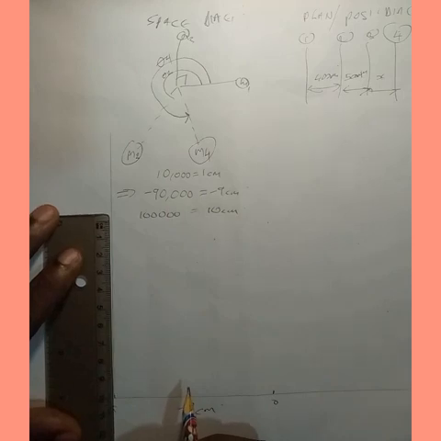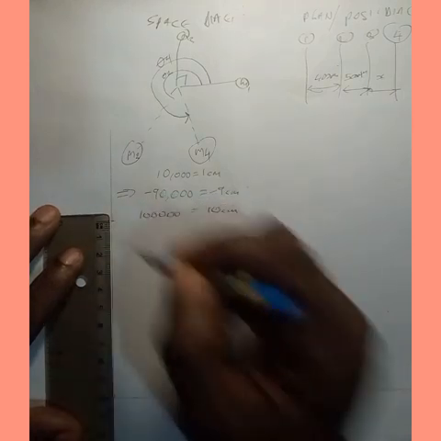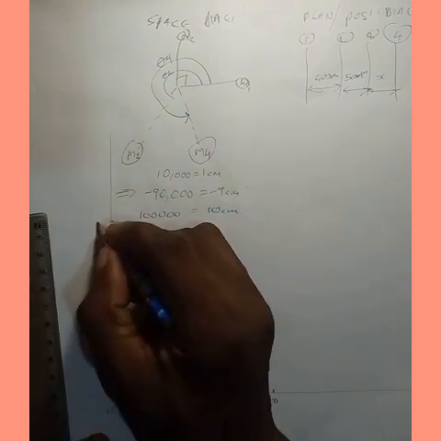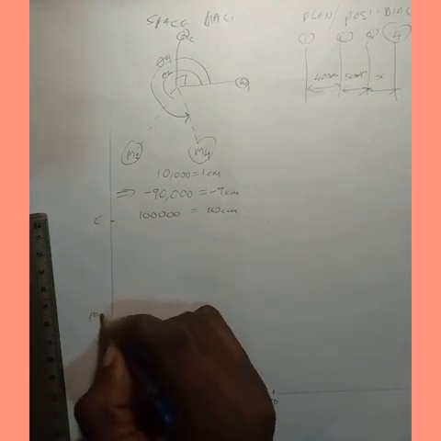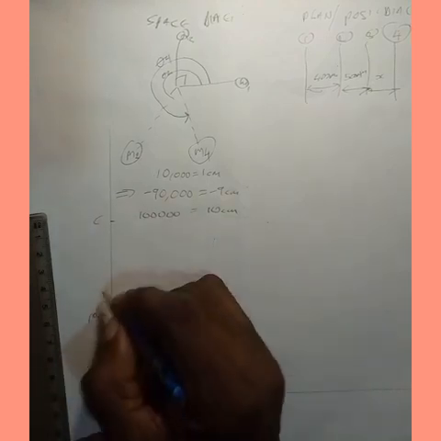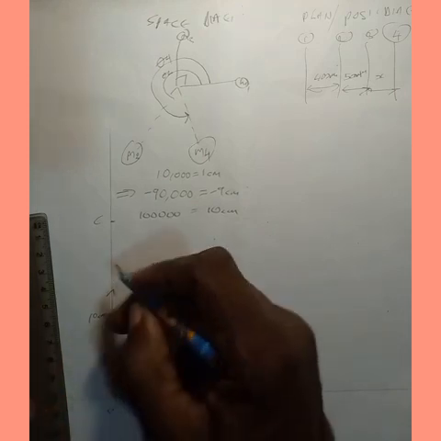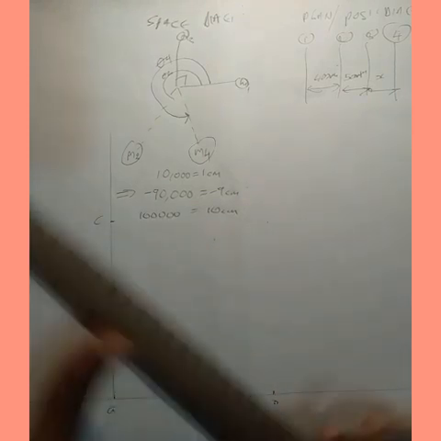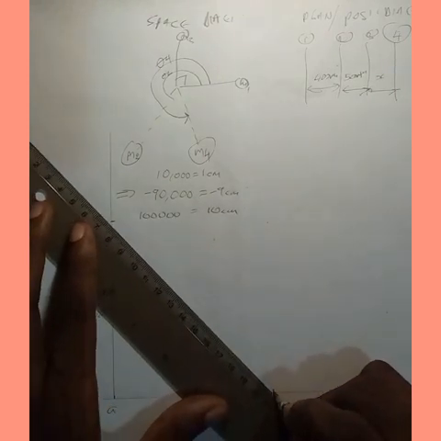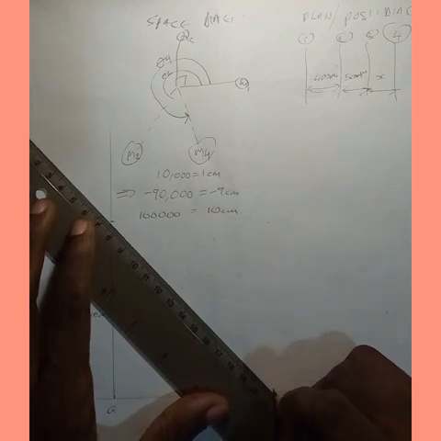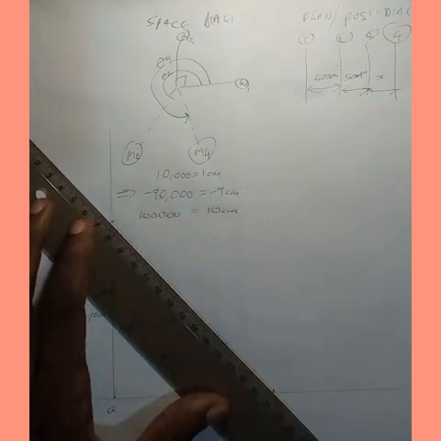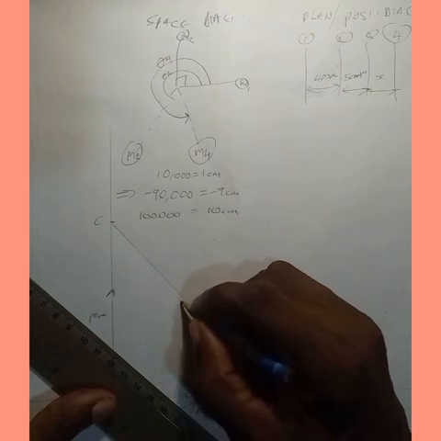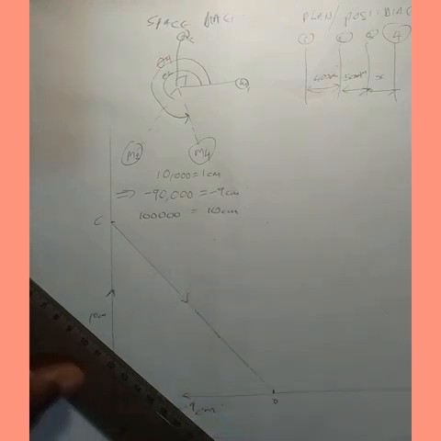So this is 0A. You can call this point C. This is 10 centimeter. This is the direction of the arrow. So the closing side is going to be the unknown. Through the closing side we are going to get the unknown that we are looking for.